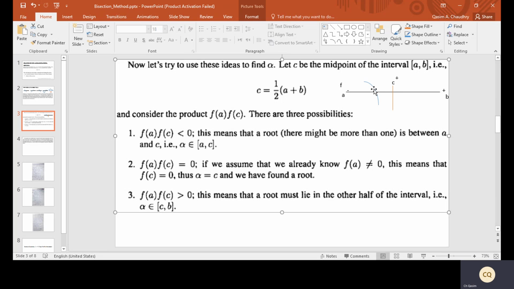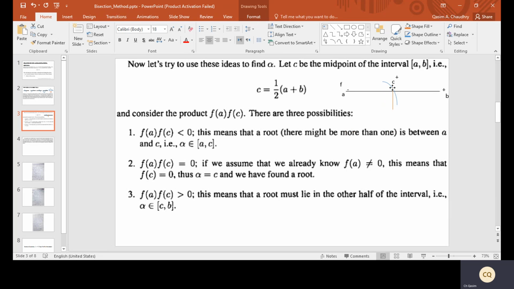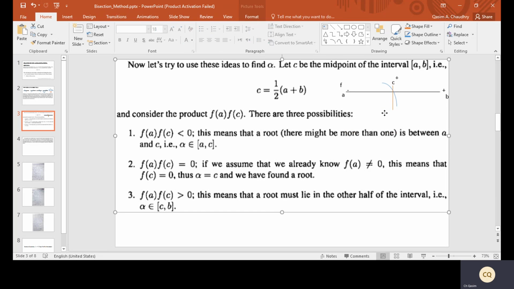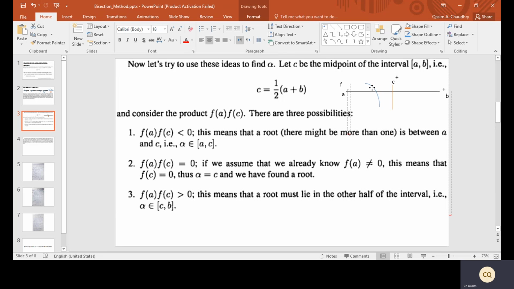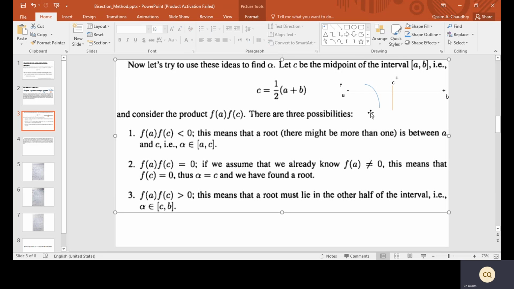Students, maybe this curve lies exactly at the same point c. So that is the root. So it means f of c is equal to 0. So let me come back to this one. This means this is your root. So that's clear.